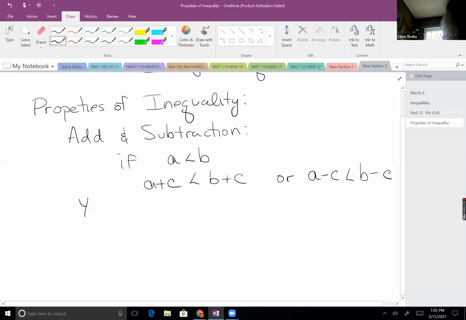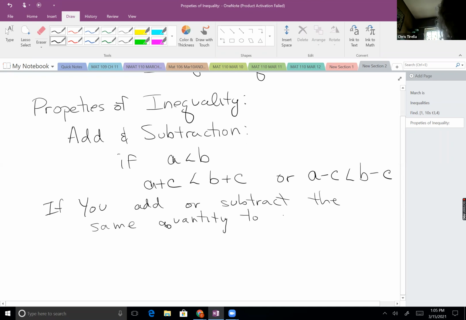So if you add or subtract the same quantity to both sides of an inequality, the direction of the inequality remains the same.